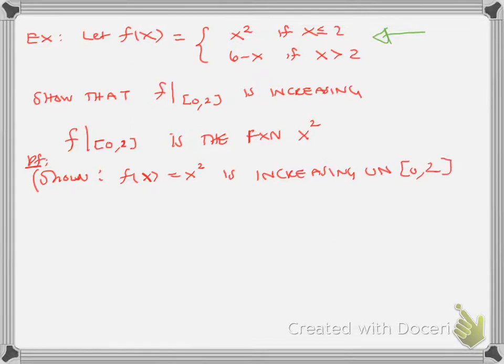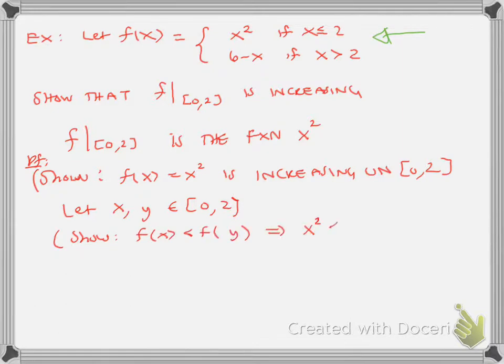Okay, and so proof: well, let x and y belong to 0, 2. And you can go back and see the definition. I'm sort of just following the definition to help me with my proof structure. All right, well, we need to show that f of x is less than f of y. And that would mean that x squared is less than y squared, right?